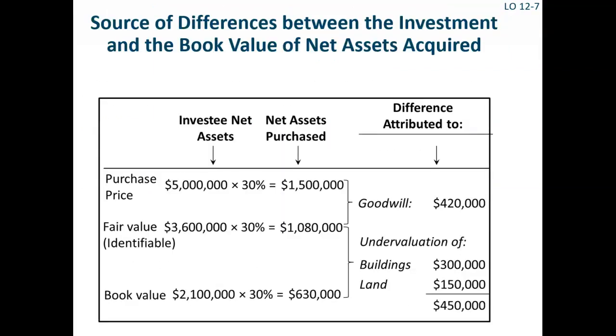Illustration 12:15 in your textbook explains the difference between the investment and book value of the net assets acquired in the example we discussed in the previous video. The numbers in this example come from illustration 12:14 in your textbook.